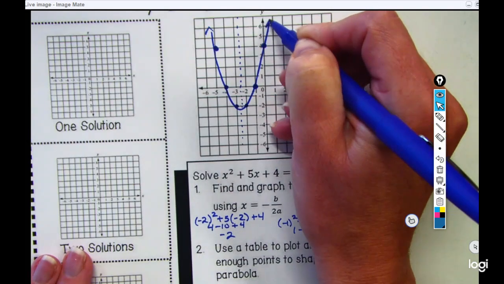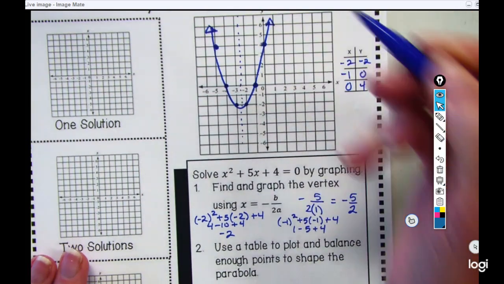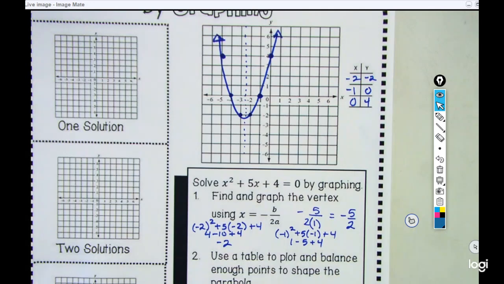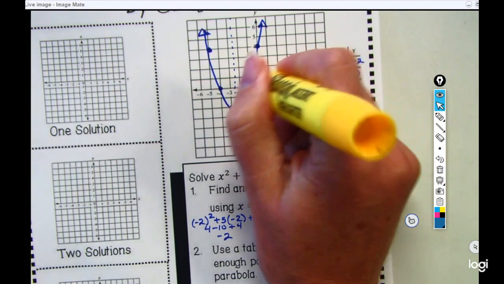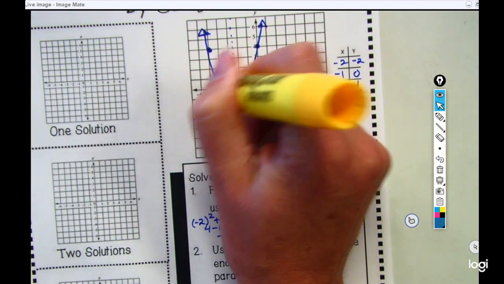we are solving by graphing. This has two solutions. Anybody want to venture what they are by looking at the graph? Yes, ma'am. Negative 1 and negative 4. What do we have in common with negative 1 and negative 4?